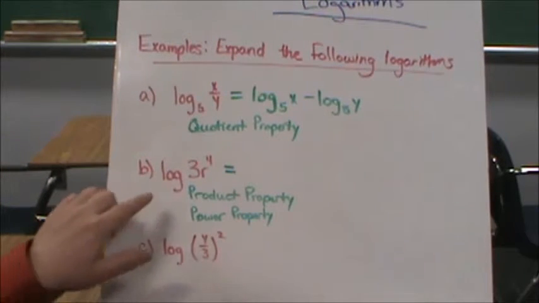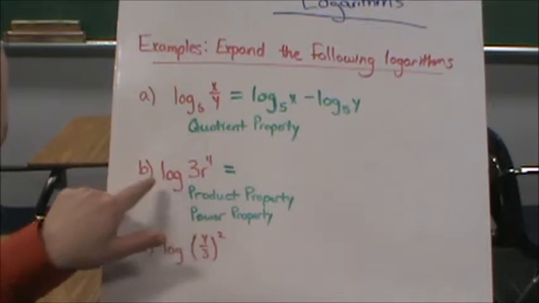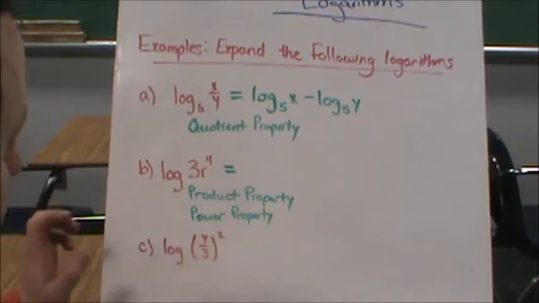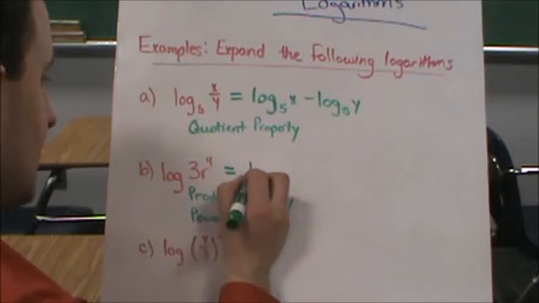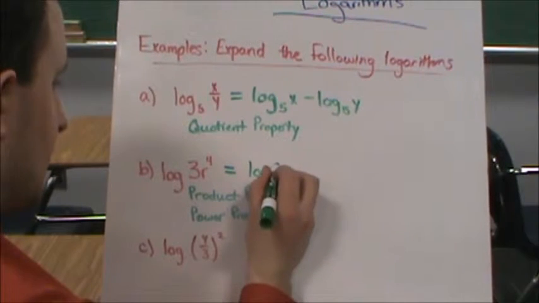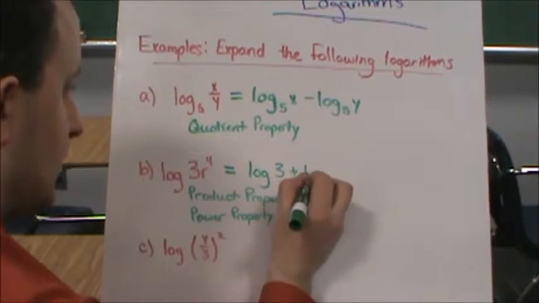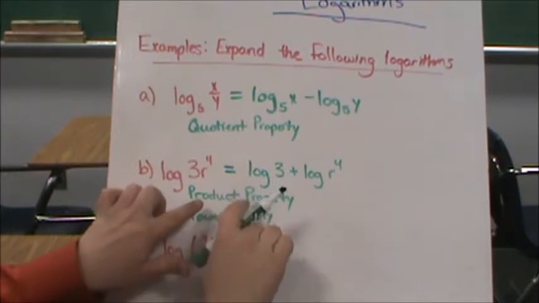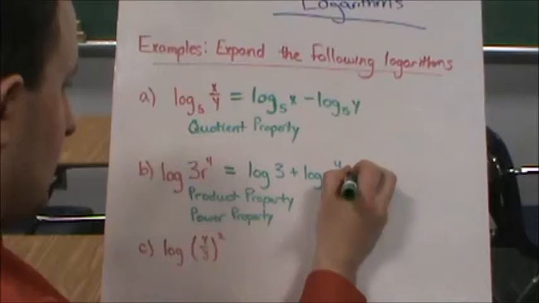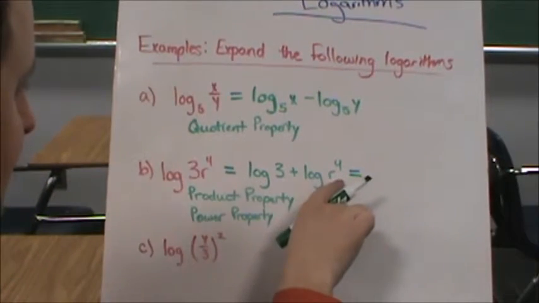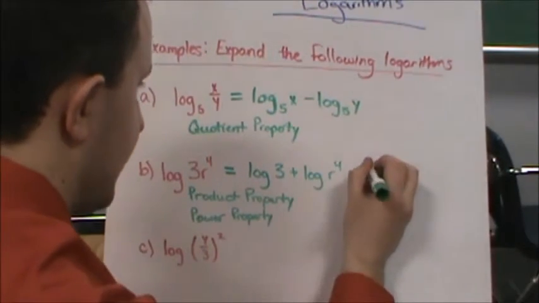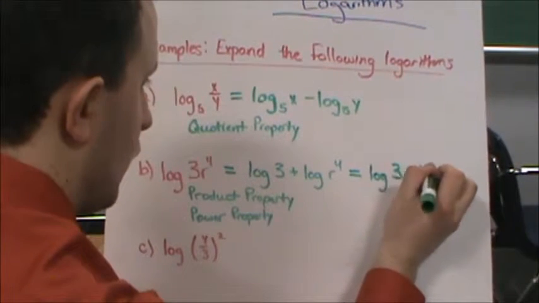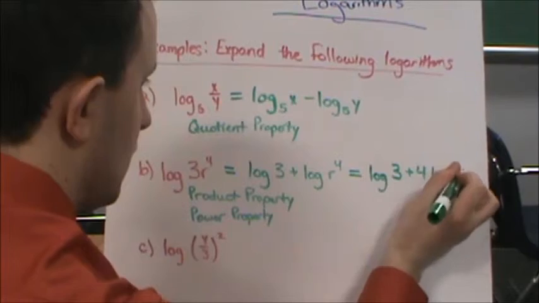Once you identify that you have a product property first, you would apply the product property rule first, and then do the power property. So you would get log of 3 plus log of r to the fourth. That takes care of the product property first. And now take care of the power property on log of r to the fourth to get log of 3 plus 4 log r.